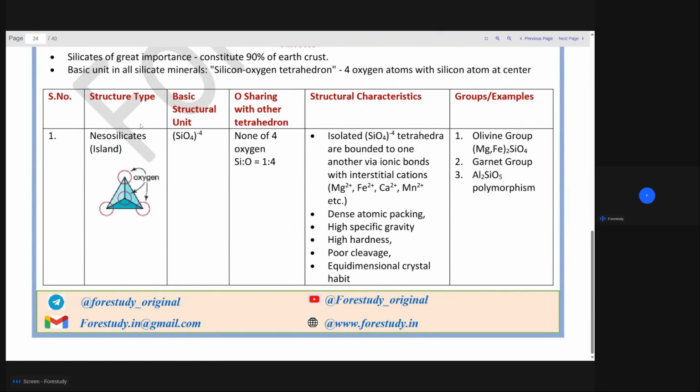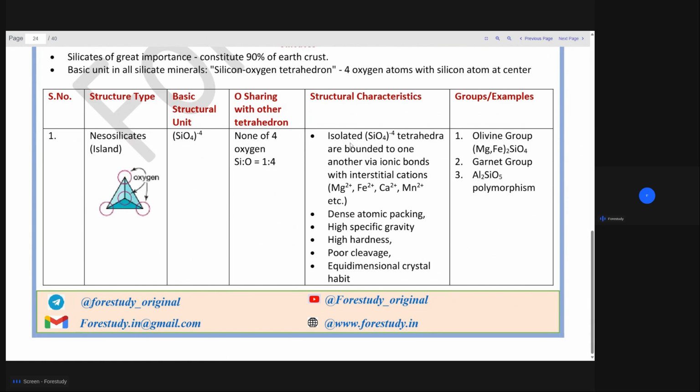So the basic structural unit will be like this only, that I have just drawn, SiO4 minus 4. None of the four oxygens is shared. Zero oxygen sharing with other tetrahedra. So no oxygen is shared with another tetrahedra or another element. All are kept to the Si only.